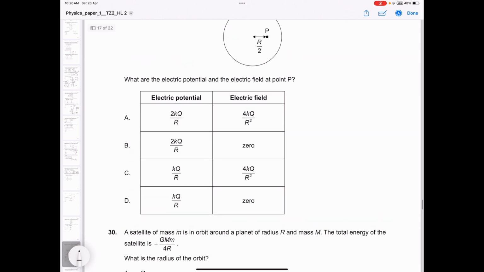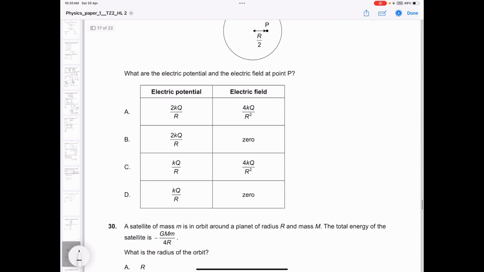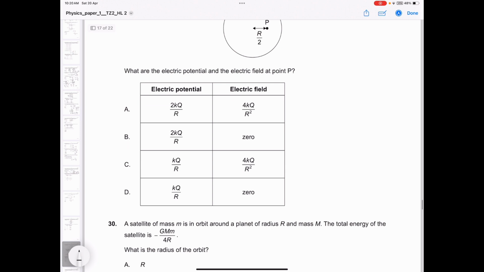So you have to know that inside the sphere the electric field is always 0. So that means the answer is going to be either B or D. And the electric potential, well, that's always KQ over R, so it must be D. So the answer is D.